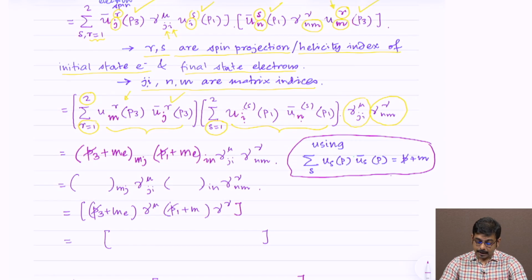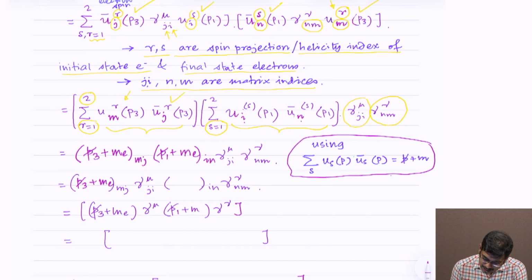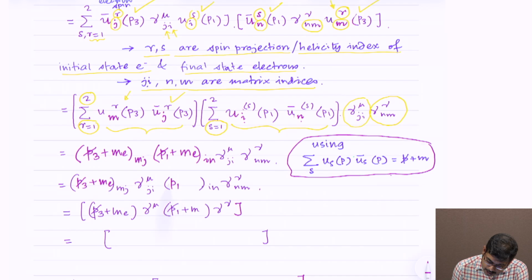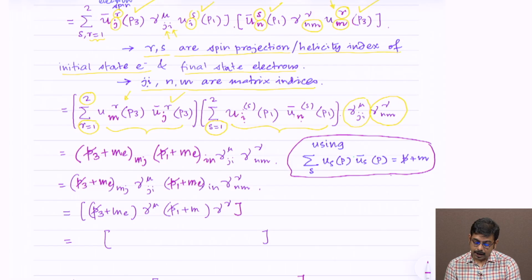Once again let me rewrite these terms neatly: this is basically P3 slash plus m e, m j component, gamma mu j i, then you have P1 slash plus m e, and this is i n component, and this is gamma nu n m. So what does it mean?